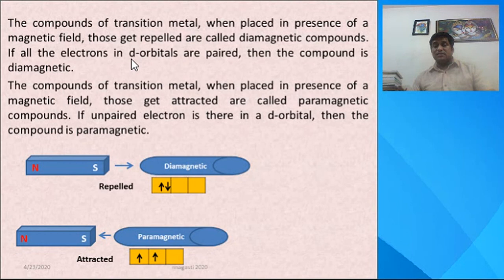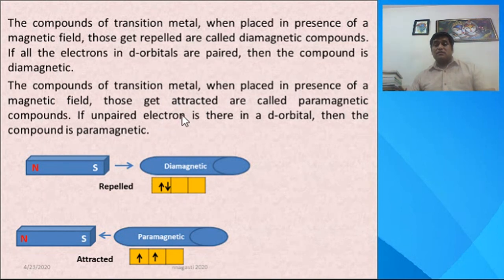What does it suggest? If a diamagnetic compound is placed near a permanent magnet, it gets repelled. Look at this. In this, the electrons are in paired form. No unpaired electron is there, so it is diamagnetic. And it is getting repelled when placed near a permanent magnet.